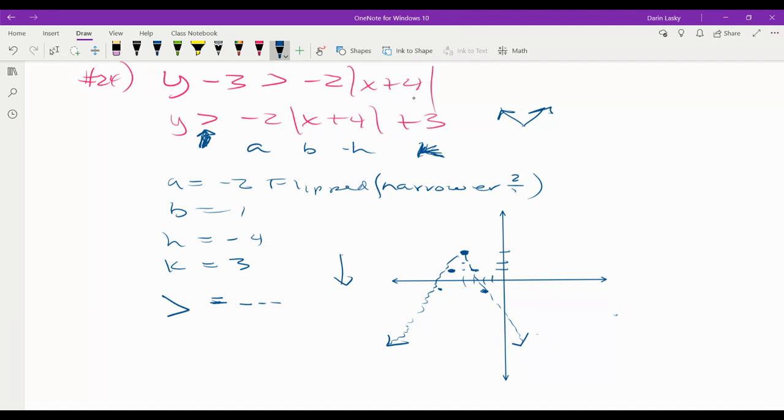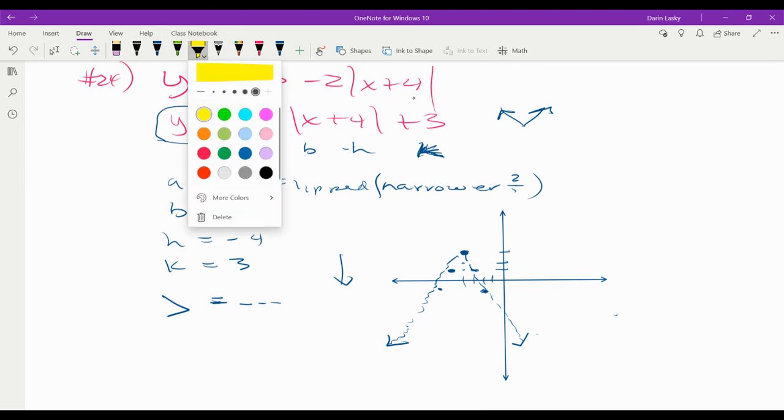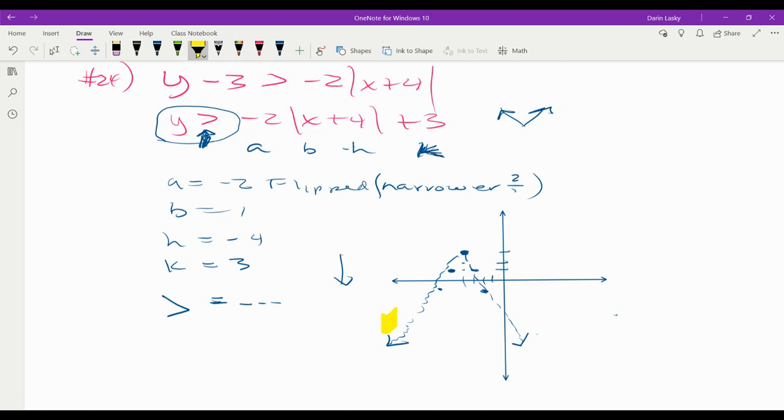So I got a dashed line on either side, and we want everything above that Y. So if we're gonna shade this, I'll go back to my yellow shader here. We're gonna shade everything above this line. Okay? So then we've got everything above the line.